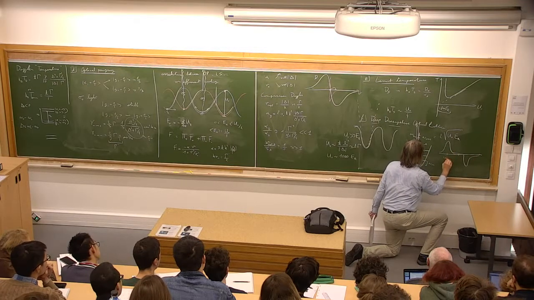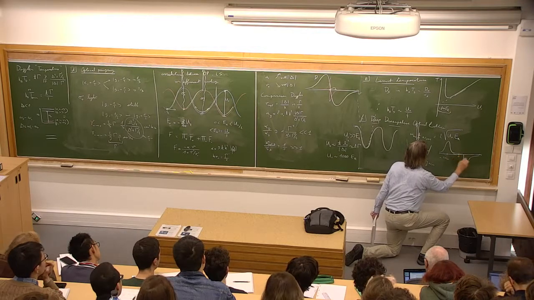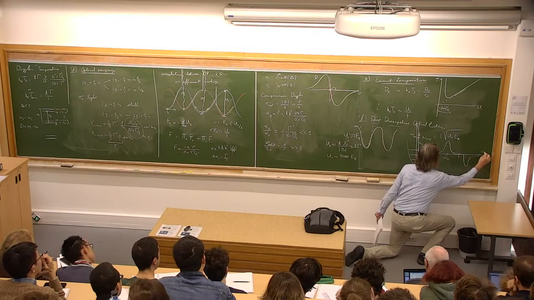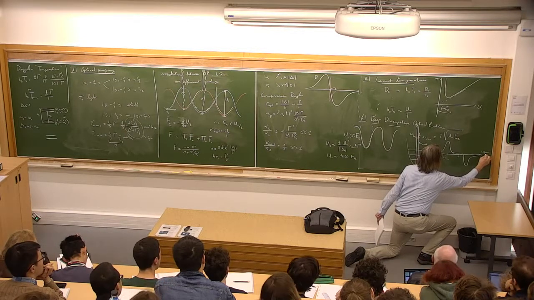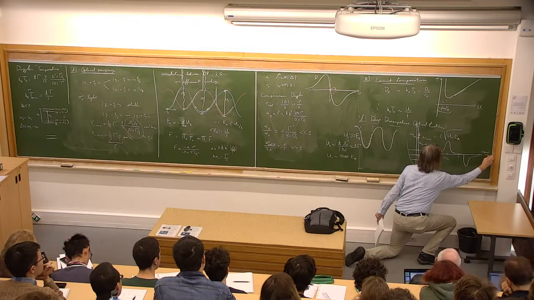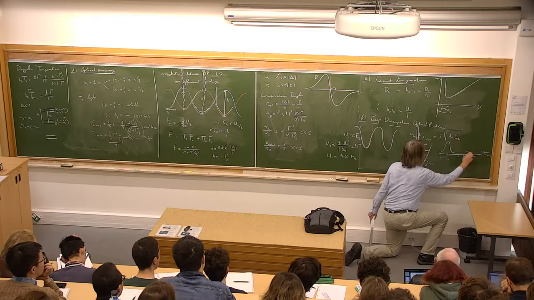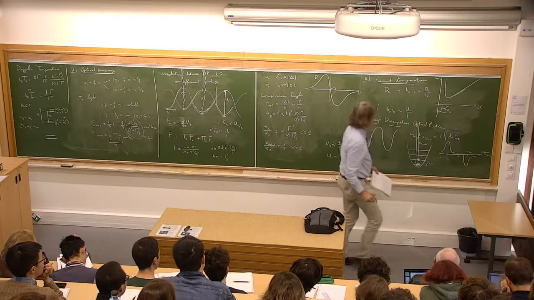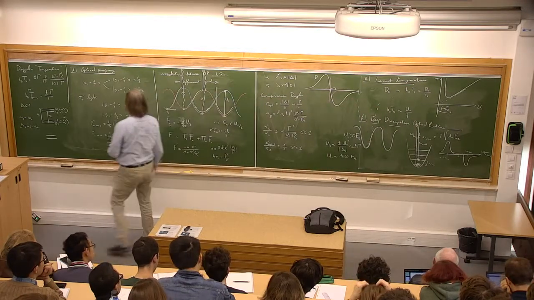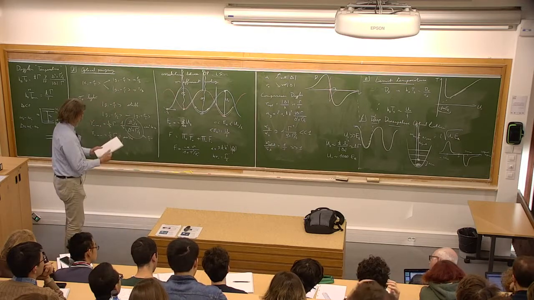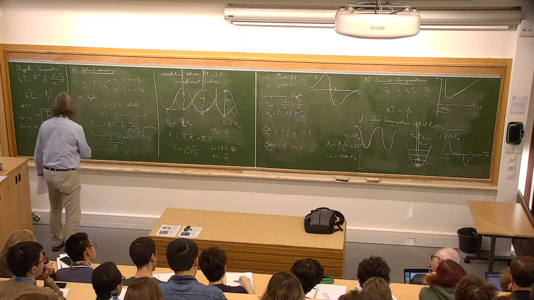So this is minus omega osc, this is 0, and this is omega probe minus omega pump. And so I did that in my youth, and we published it. And that's it. Okay.